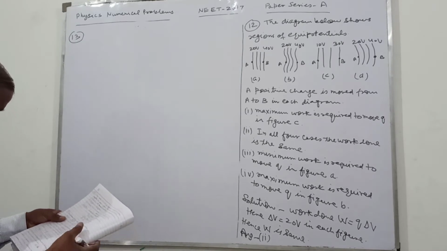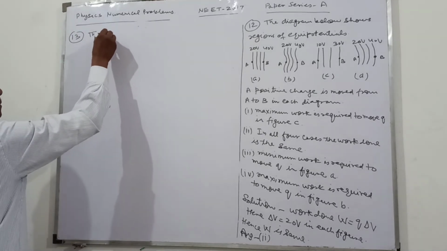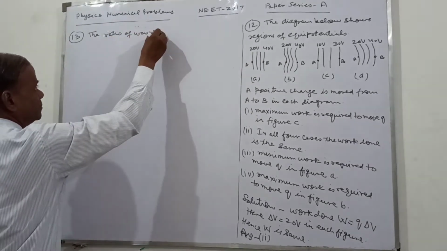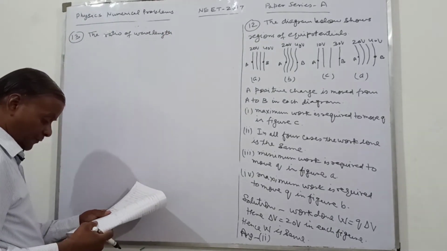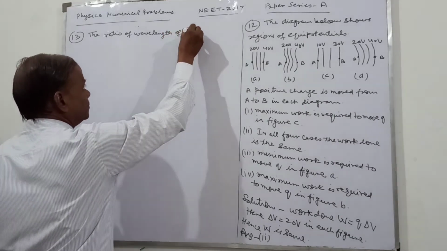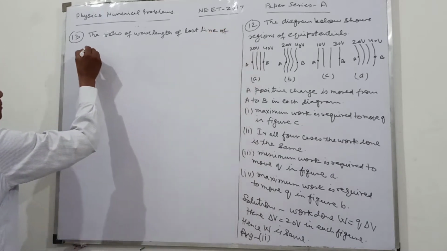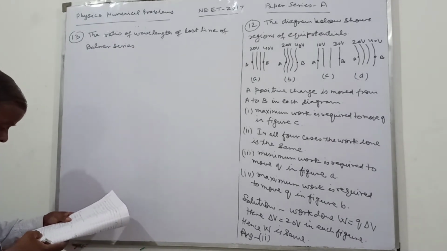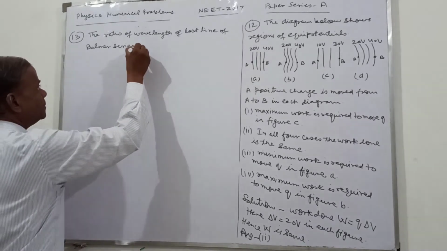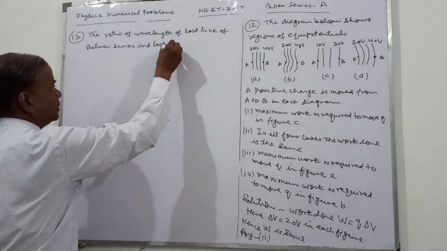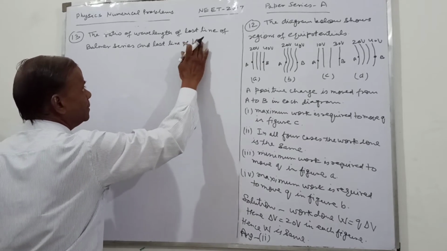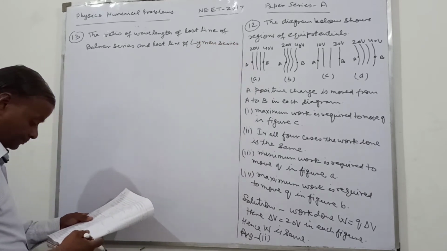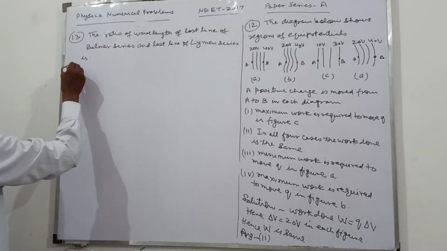Now question number 13, the ratio of wavelength of last line of Balmer series and the last line of Lyman series is now the option.